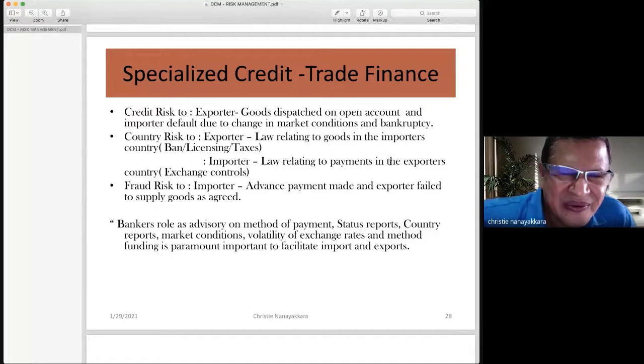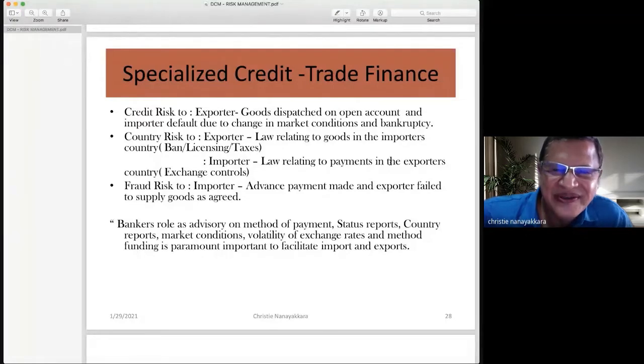Now, with letters of credit, there are two types. We call them LCS and LCU. LCS is letter of credit sight, and LCU is letter of credit usance. By sight LC, that means once the goods have been shipped and the documents have been submitted to his bank, that is, the exporter submits documents to his bank B, Bank B will send the documents to Sri Lanka, to Bank A. Bank A will notify the customer saying your documents have come, you can take release.